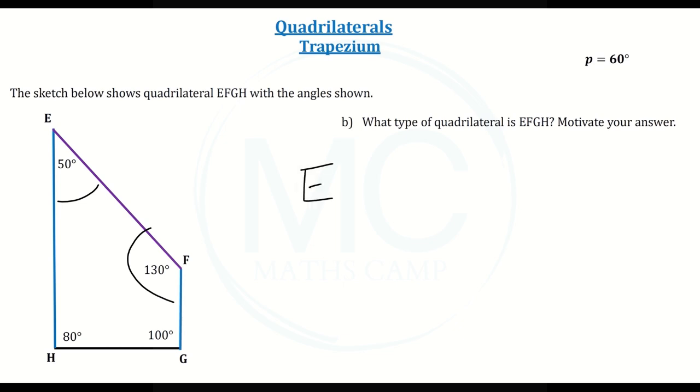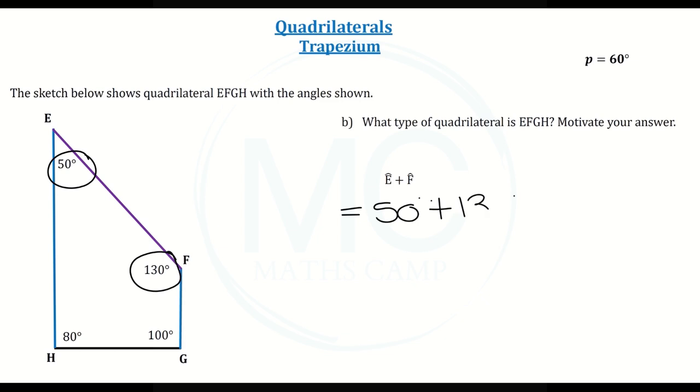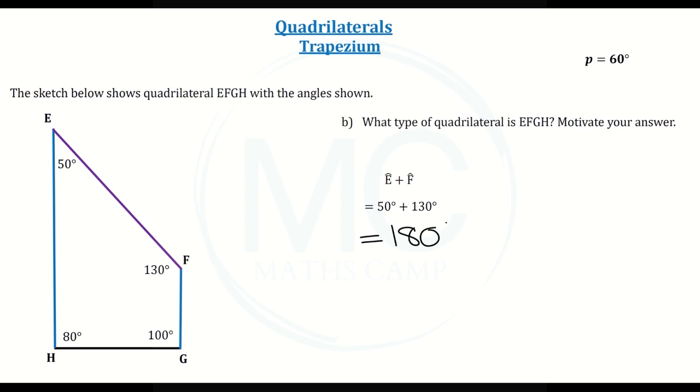So we can say angle E plus angle F is equal to, E is 50, so we say 50 degrees, plus F 130 degrees, which gives us a total of 180 degrees. These angles are supplementary, which means that EH is parallel to FG. Don't forget to give your reasons that co-interior angles are supplementary.